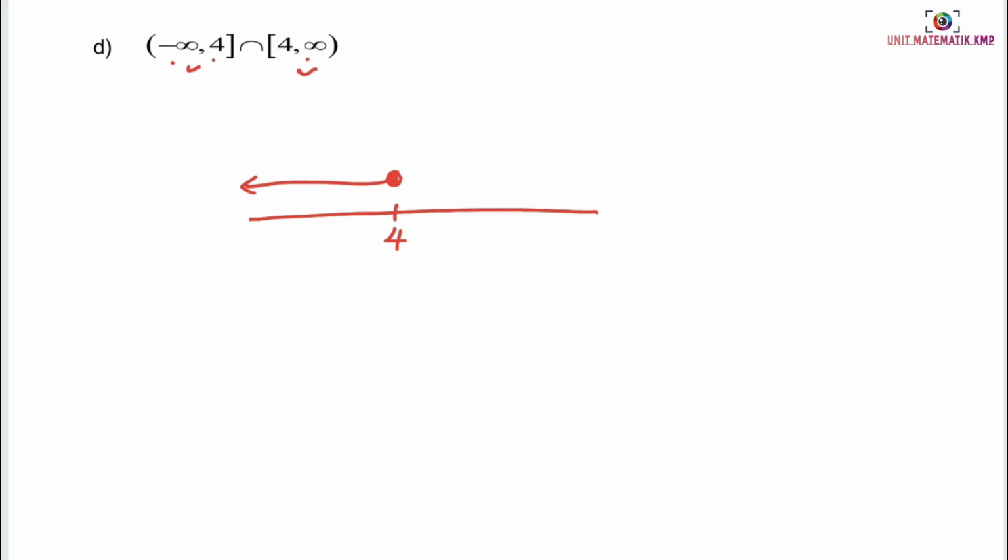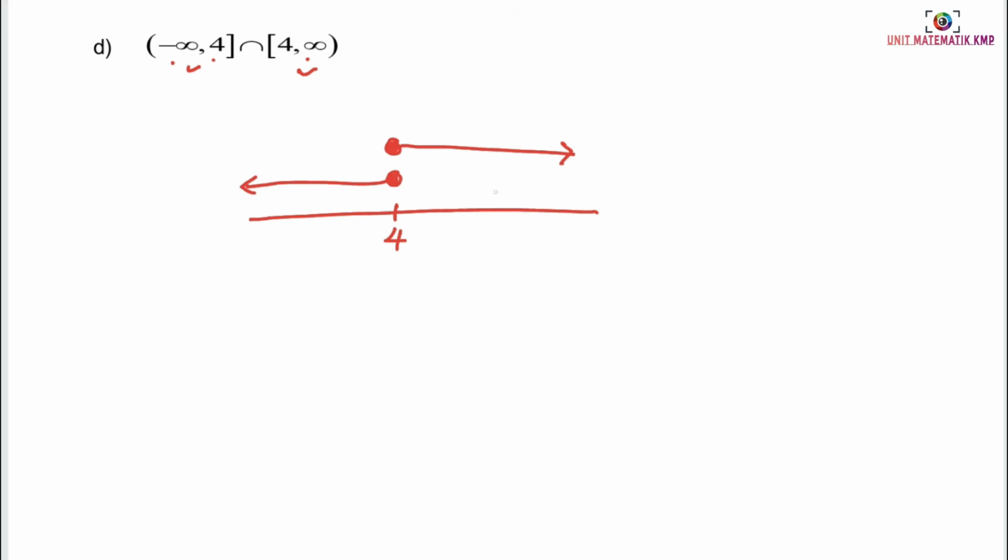Next, the next interval is infinite interval 4 to infinity. So we draw from number 4 to the right. At number 4, we draw a dense circle because number 4 is included.